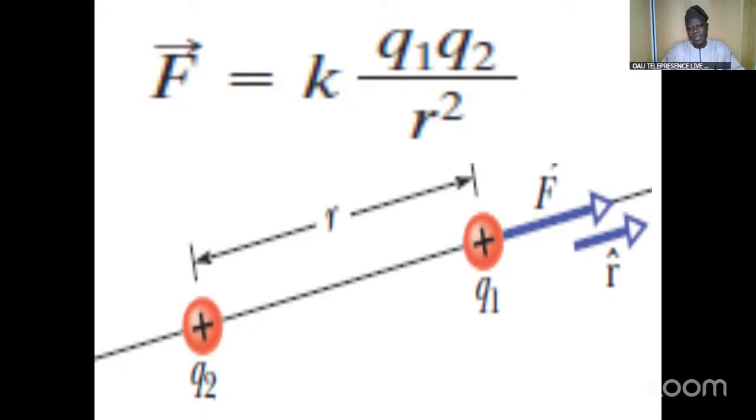So don't be surprised when Q1 is equal to Q2, and you are saying Q1 multiplied by Q2, that's Q squared. So when you now come across another equation stating that F is equal to k Q squared over r squared, it is assumed that Q1 is equal to Q2.